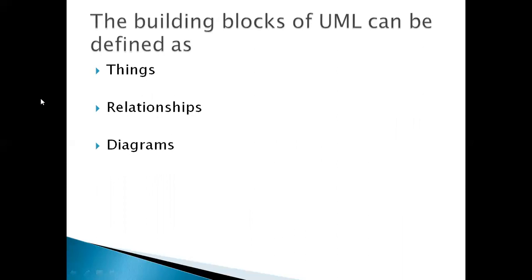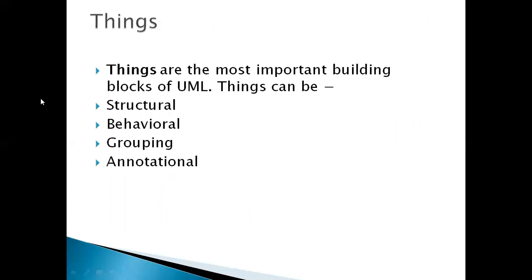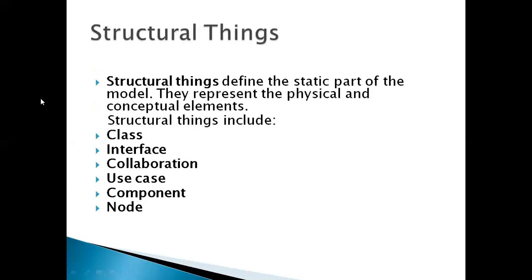The building blocks of UML can be defined as things, relationships, and diagrams. Things are the most important building blocks of UML. Things can be structural, behavioral, grouping, and annotational.